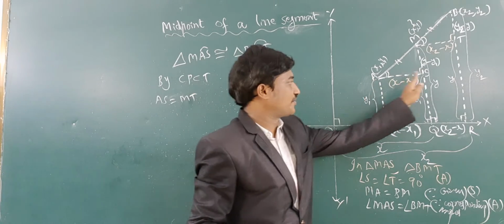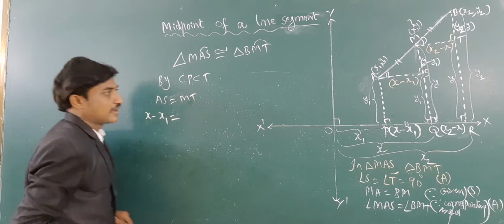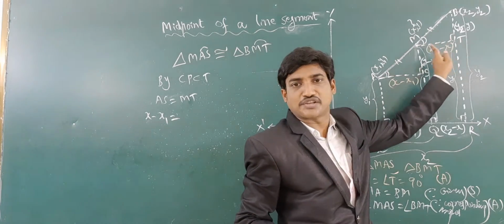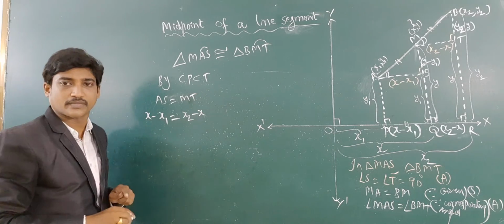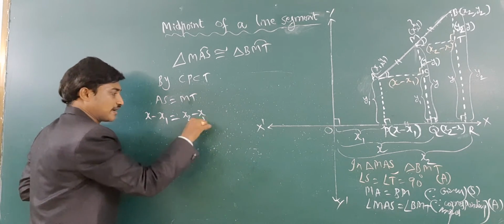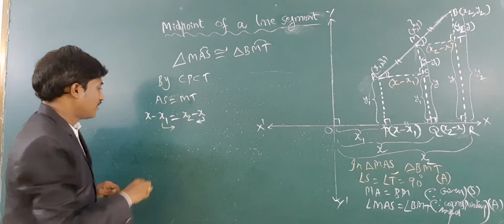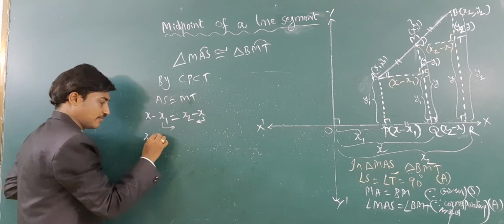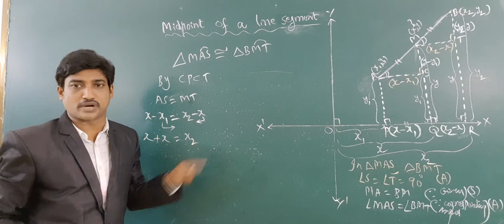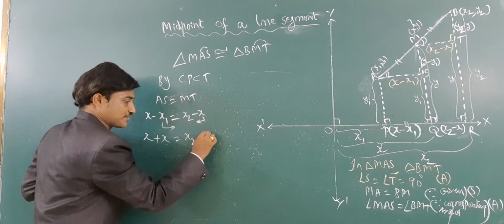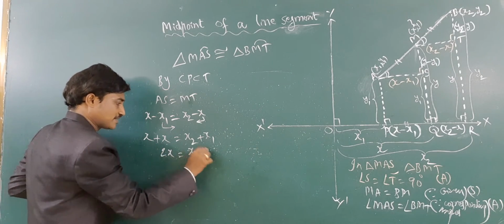Here AS length is x minus x1 units. MT length is x2 minus x units. Transpose minus x to the left-hand side, and minus x1 to the right-hand side. So x plus x, that is 2x, is equal to x2 plus x1.